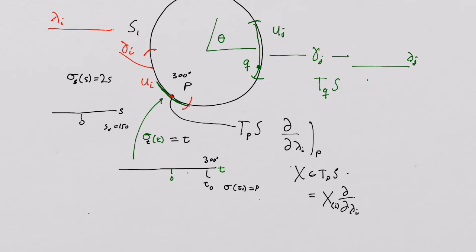Its basis vector would be del lambda j, and any vector x in that space would be written x j del lambda j.